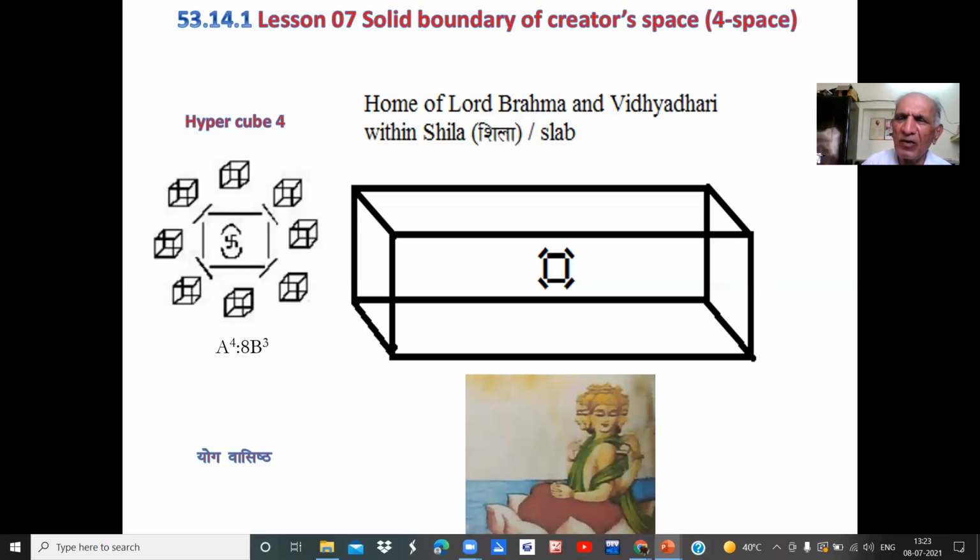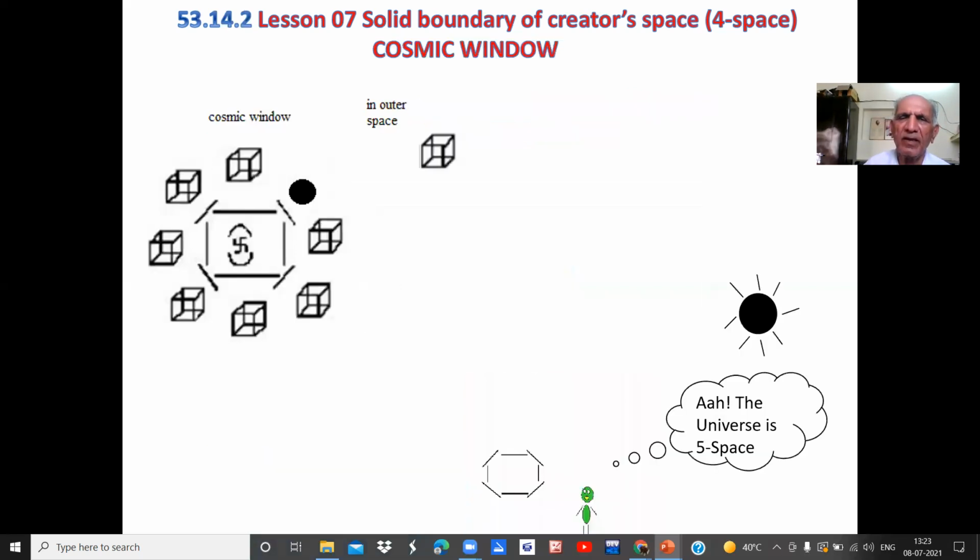This is parallel with the feature of the idol of Lord Brahma having a lotus seed of 8 petals. It is in this background we can have a comprehension ahead.